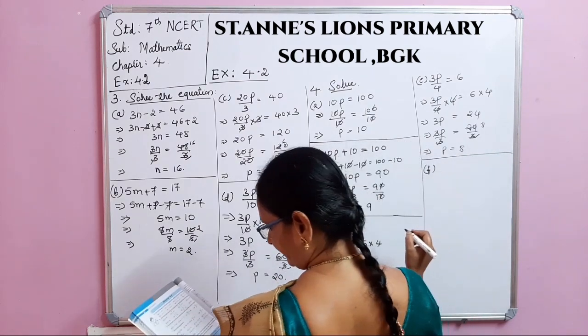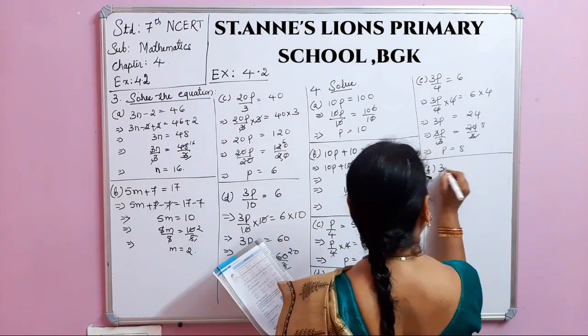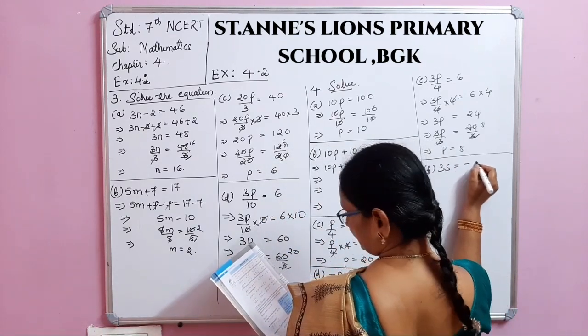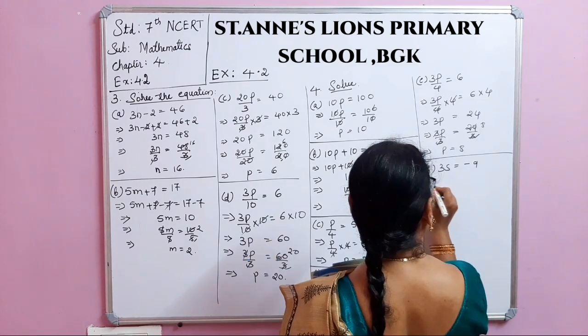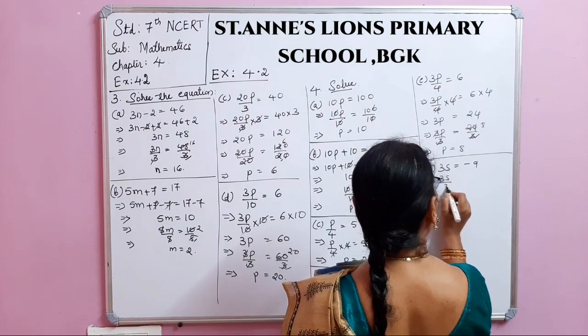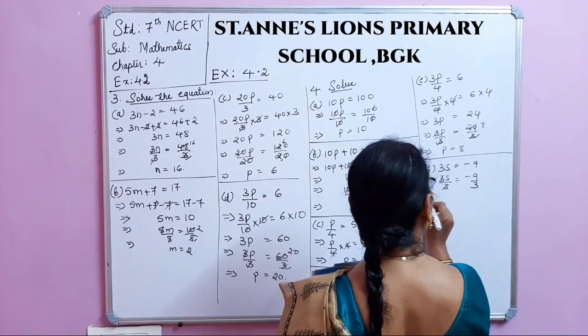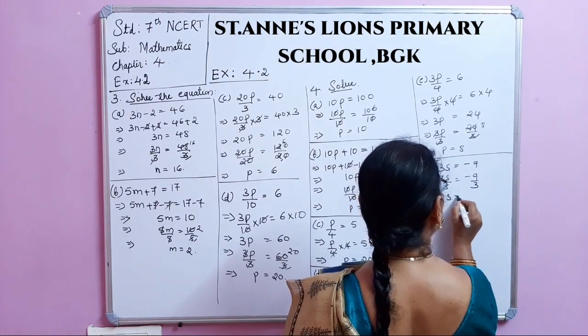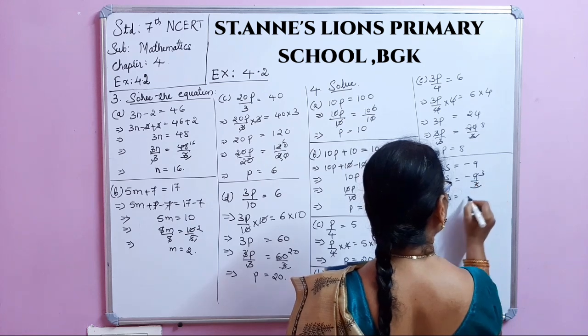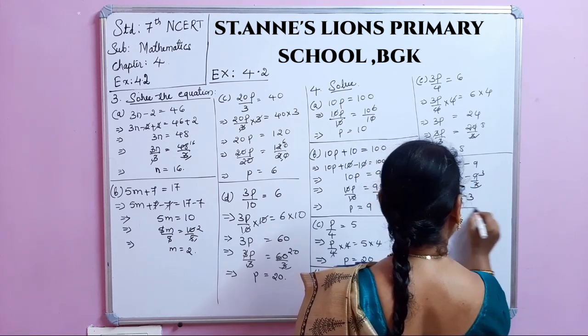Next, f. 3s is equal to minus 9. See here, 3s divided by 3, minus 9 divided by 3. 3 got cancelled. s is equal to, 3 ones are 3, 3 threes are 9, minus 3.